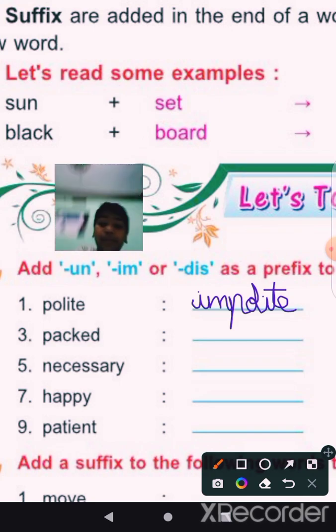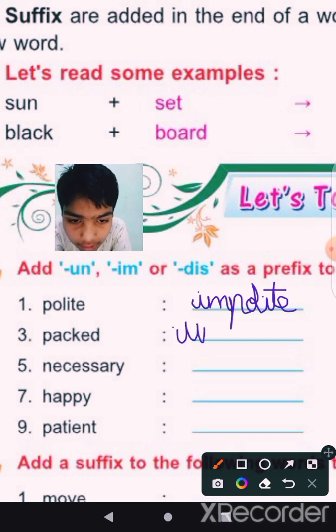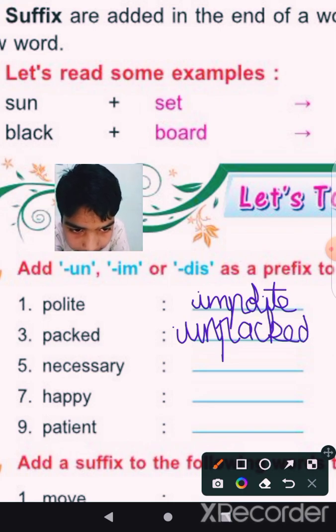Yes. Now, next question. Packed: impacked, dispacked, unpacked. Unpacked, yes. Start fitting and then write it. Unpacked. Then necessary, what will it be?